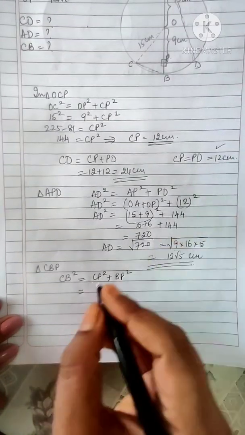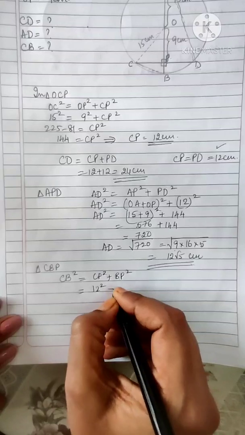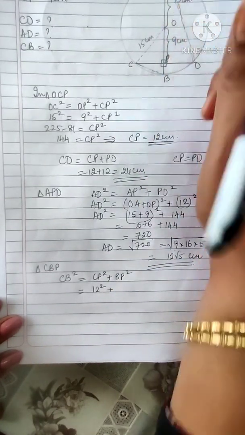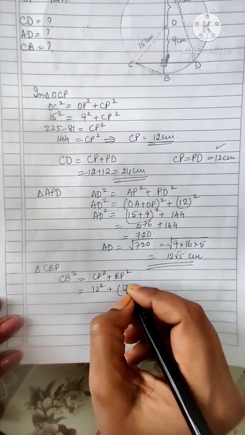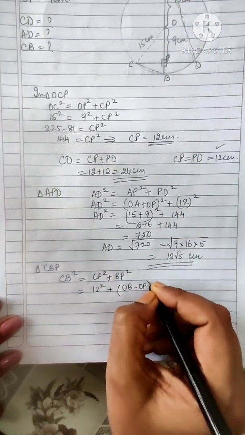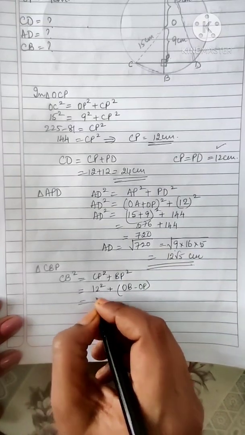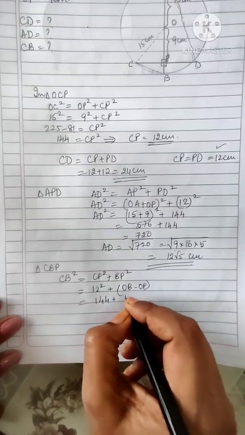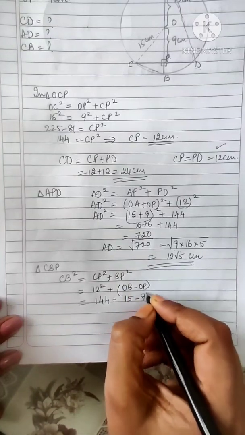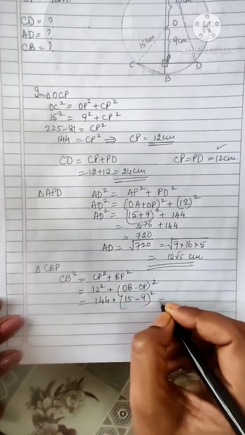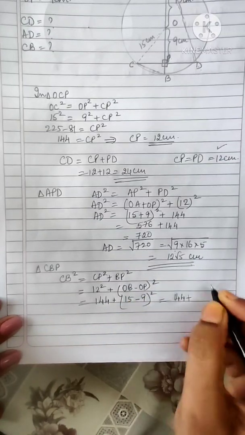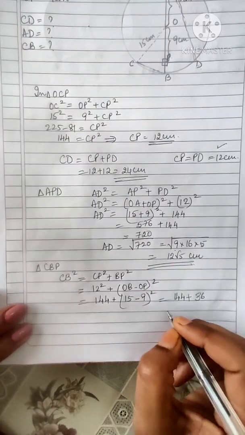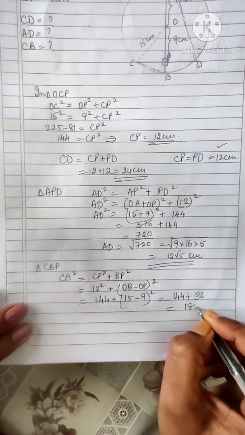It is again 12 square plus BP square. Now BP square will be OB minus OP, which will give you 144 plus OB is 15 minus OP, which is 9 the whole square, which is 144 plus 36, which is equal to 180.